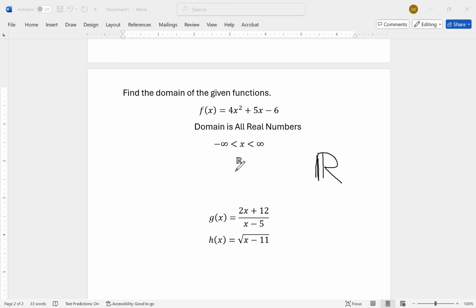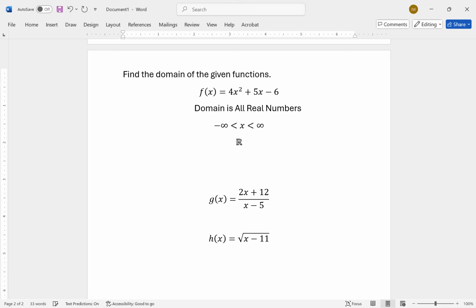The script that this Word document is giving me looks like this. It's an R with basically double lines around the whole thing. So anyways, that's all real numbers. So if you see that symbol, or if you see a handwritten symbol with a double slash on the left-hand side, that's all real numbers.